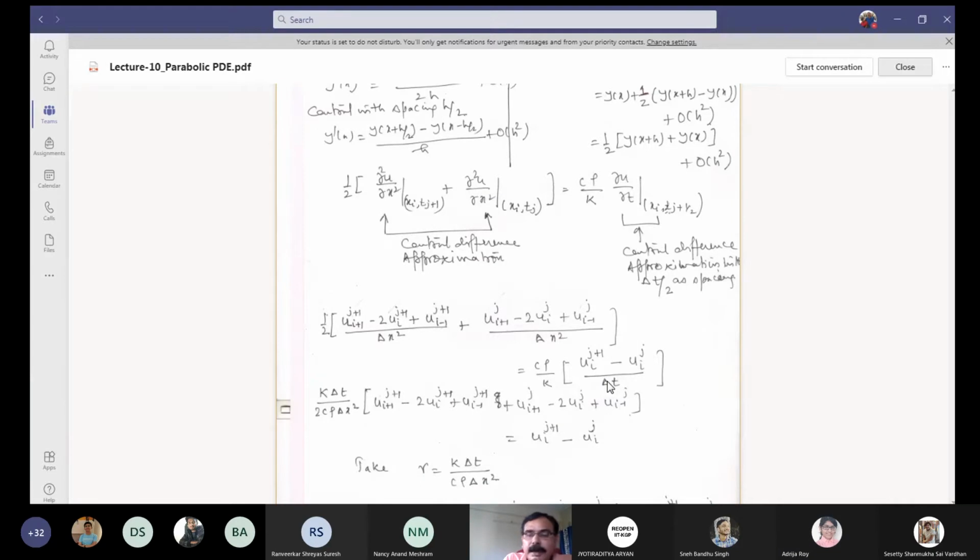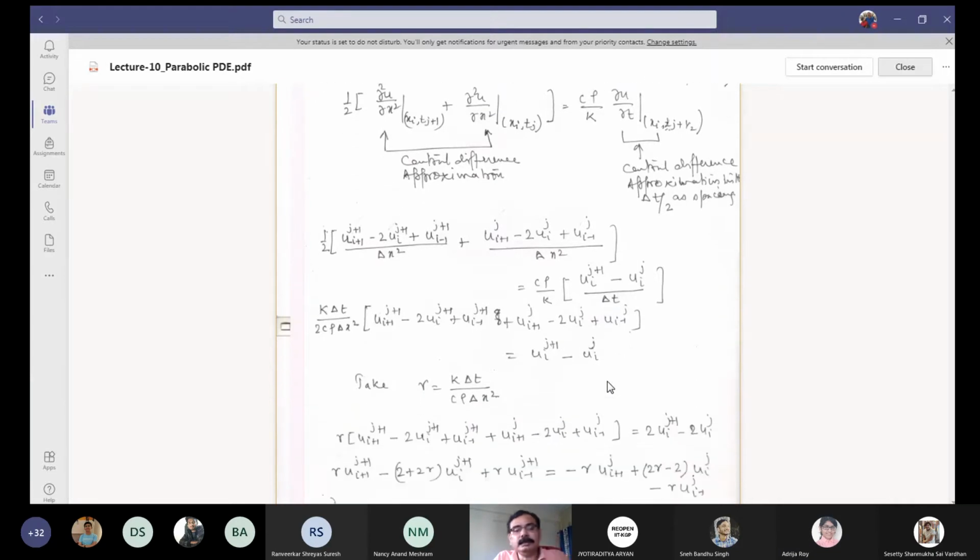Then after that nothing is left. We take r as k delta t by c delta x square. This is called the mesh ratio. Simplify that and write everything on one side.